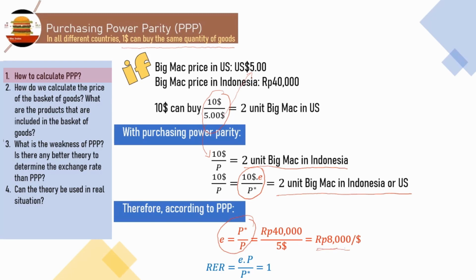Accordingly, the real exchange rate will be equal to 1, as E times P, the numerator, is 40,000 rupiah, while P star, the denominator, is also 40,000 rupiah, meaning that if Big Mac is sold in US dollars, 1 unit of Big Mac will cost $5 in both countries. If it is sold in rupiah, the cost in both countries will also be the same, 40,000 rupiah per unit.